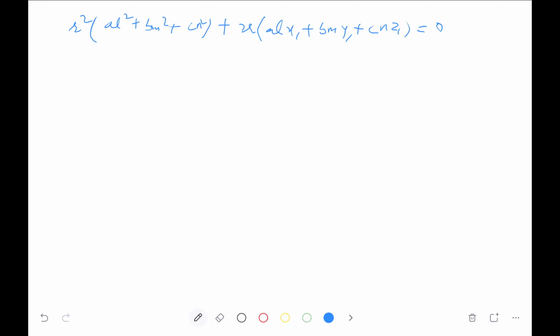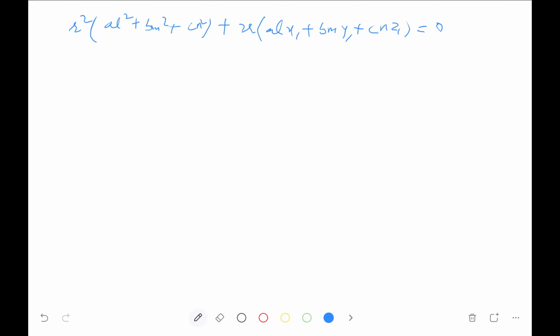Now the condition of tangency. Condition of tangency means to find the condition that the plane lx plus my plus nz is equal to p should touch the conicoid ax square plus by square plus cz square is equal to 1.